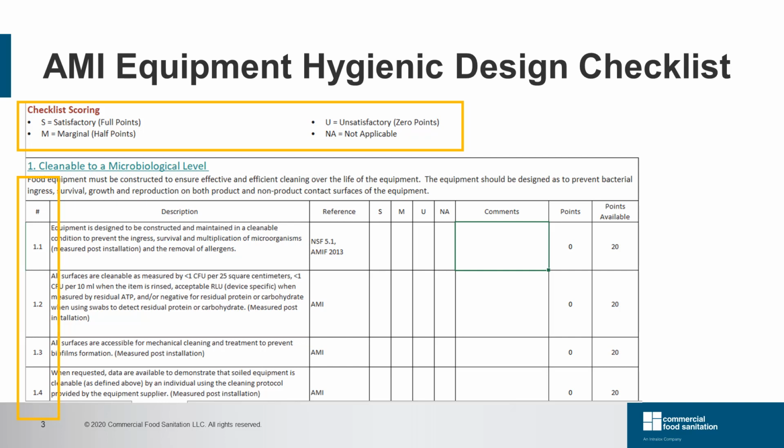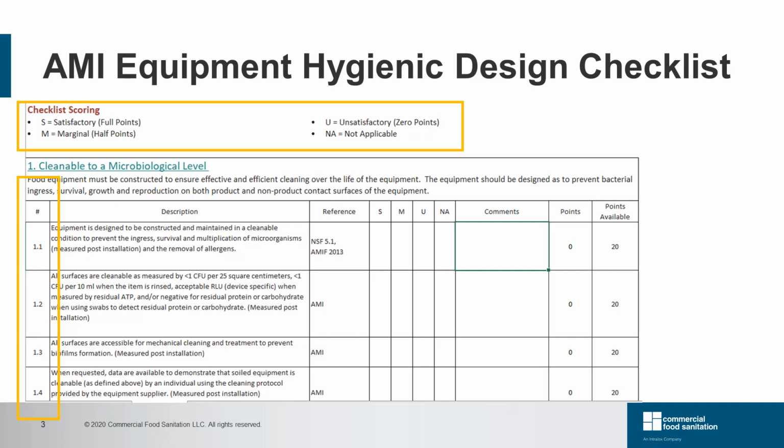When looking at your equipment, you may rate this as 20 when you think all requirements are fulfilled and no design flaws exist. In that case, you would rate it as S, like satisfactory, with full points of 20.